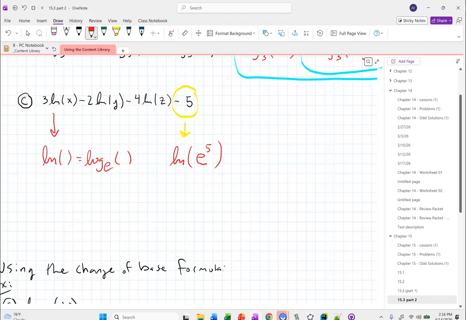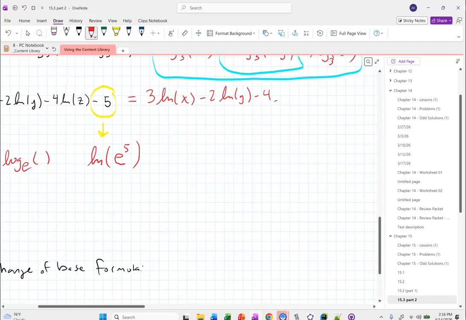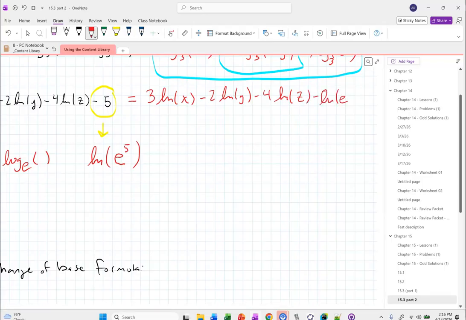Because the log base e, that's natural log, will cancel the exponent base e, and that'll just give us the 5. Everybody's good? So we'll just rewrite that as our first step, now that we've established that. Okay.